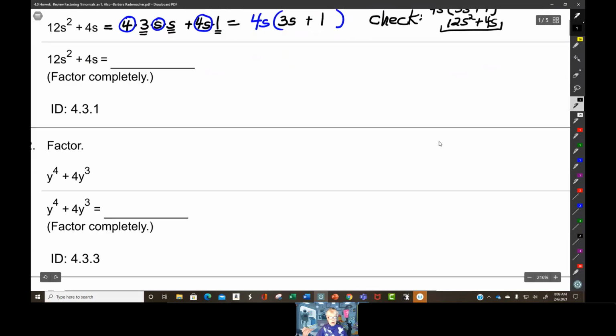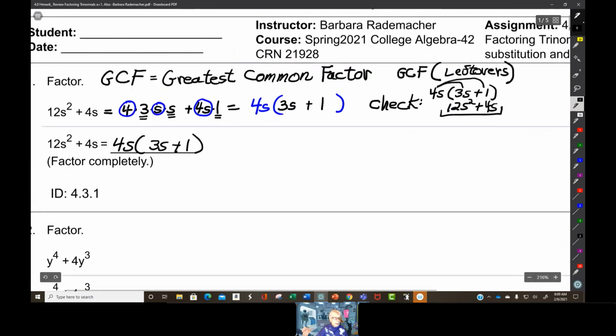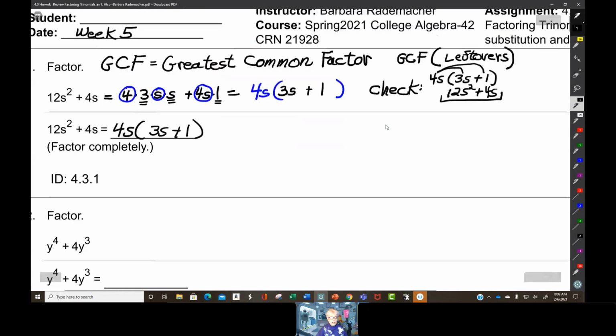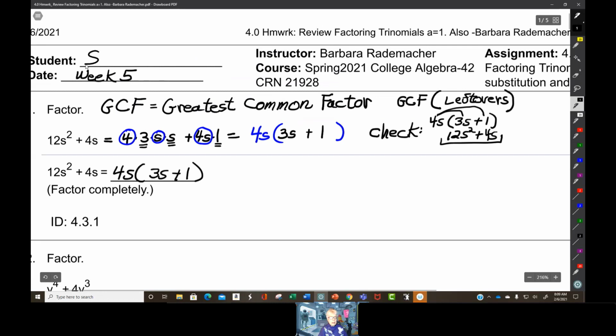Okay, so here we are. And I'm going to go ahead and put the answer over here. 4s parentheses 3s plus 1. And this is your first homework problem. Notice I printed off the first homework sheet for this week, which is week 5. Welcome to week 5. And I might as well write solutions up here.